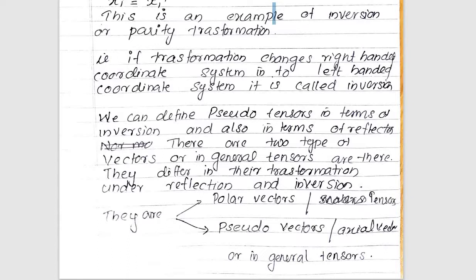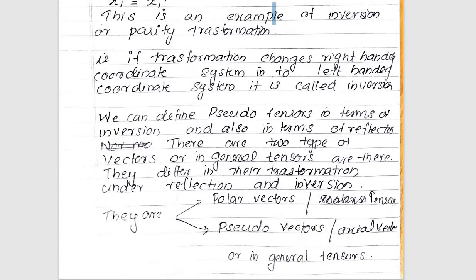Okay. So vectors are generally divided into two types. The first one is polar vectors. The second one is pseudo vectors. Or in terms of tensors, there are two types: polar tensors and pseudo tensors. Pseudo tensors are otherwise called axial tensors.